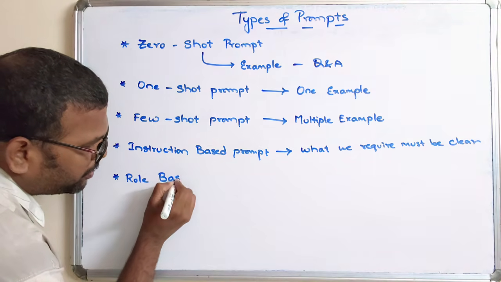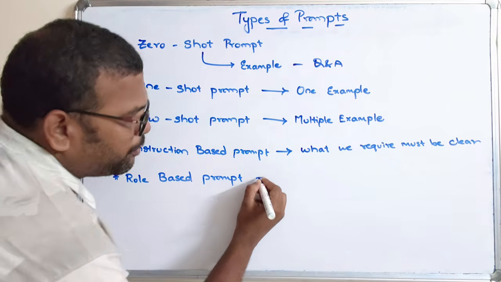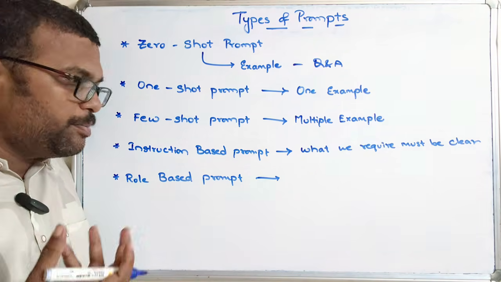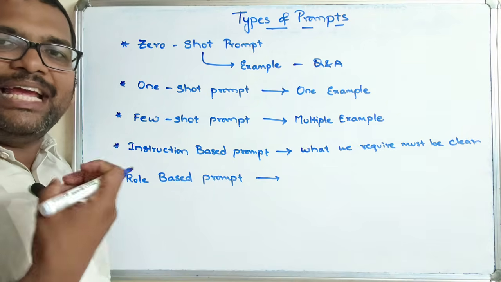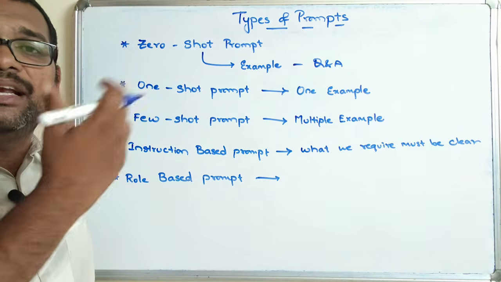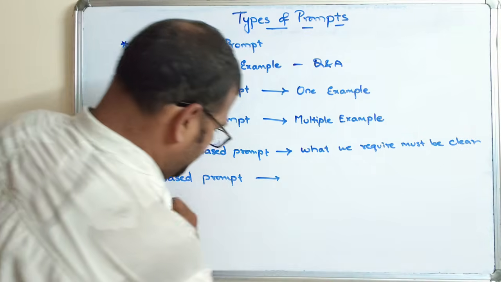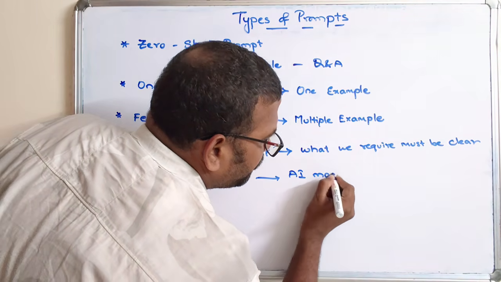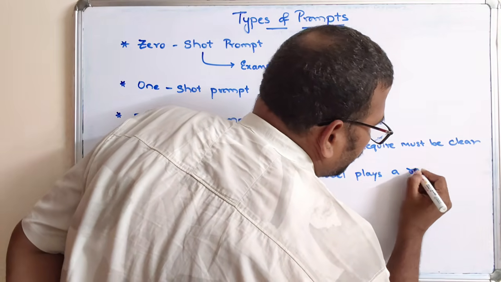Next, the role based prompt. The name itself indicates that the AI model will be acting as a certain role, and based upon that perspective it will produce the results. The AI model plays a role.